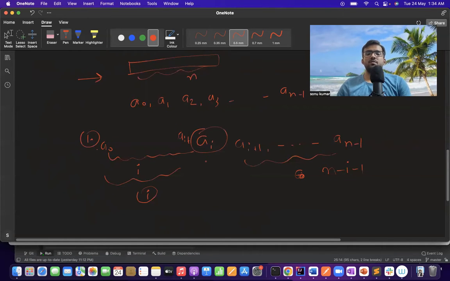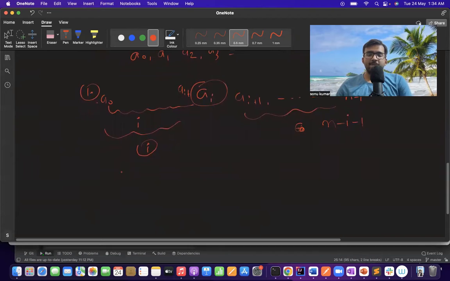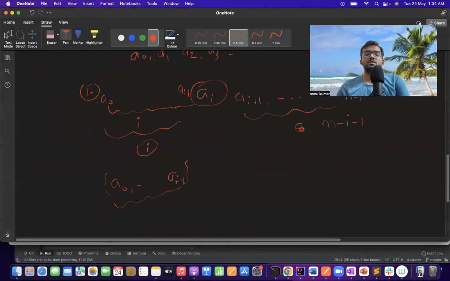So the question is, the subsequences generated by a0 till a i minus 1. For these subsequences, we can simply say how many subsequences there are for which a_i is the largest one.